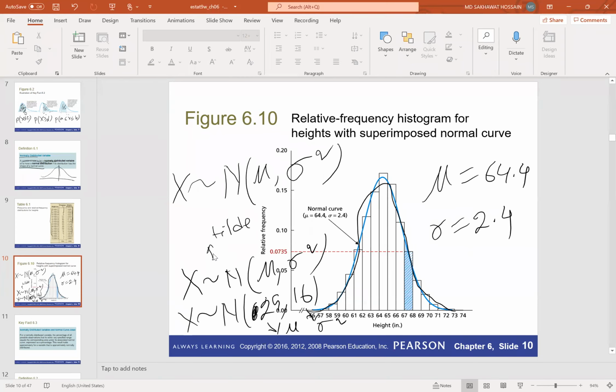But some books also use a different notation, mu and sigma. Instead of variance, they use the standard deviation. The first number represents the mean mu and the second number represents sigma, the standard deviation. You should know these two different notations of the normal distribution.